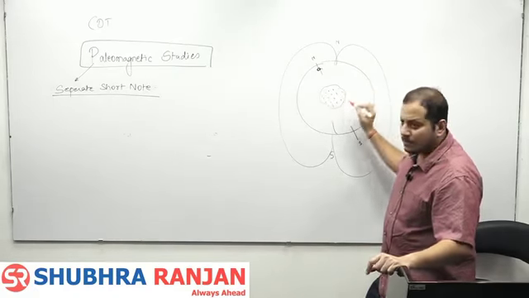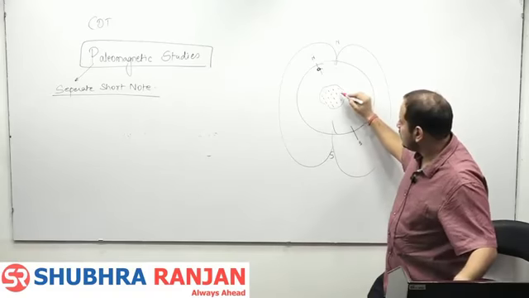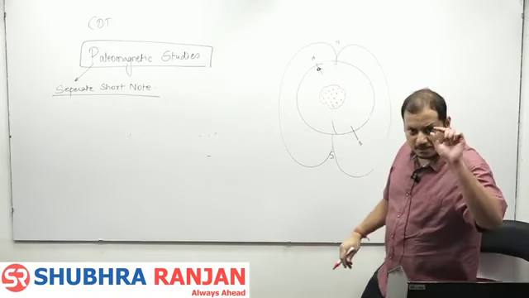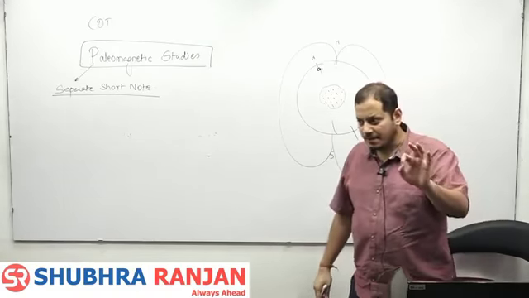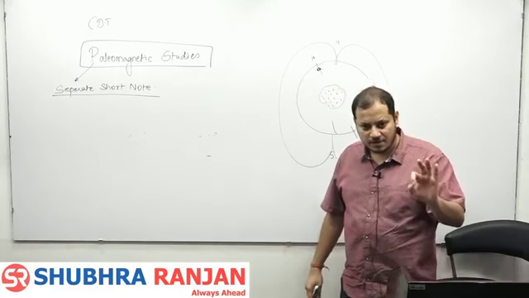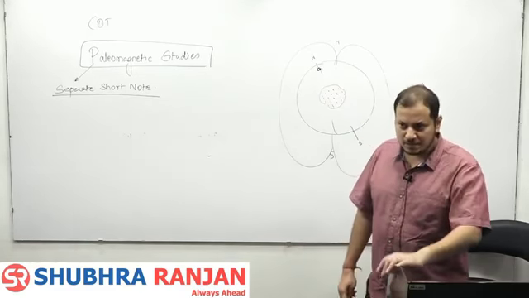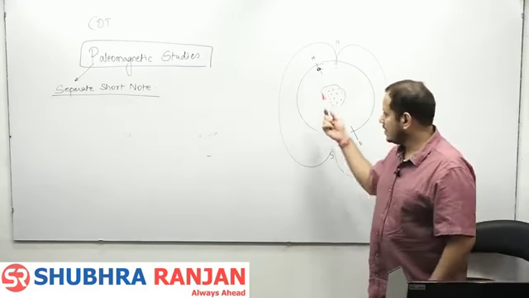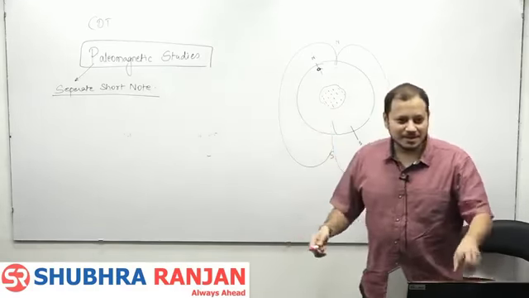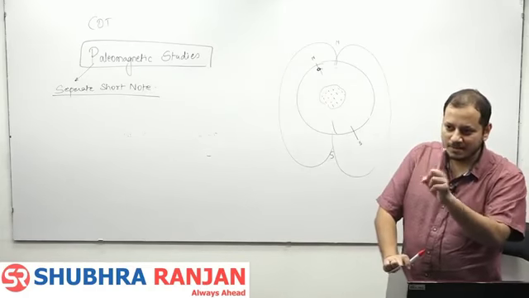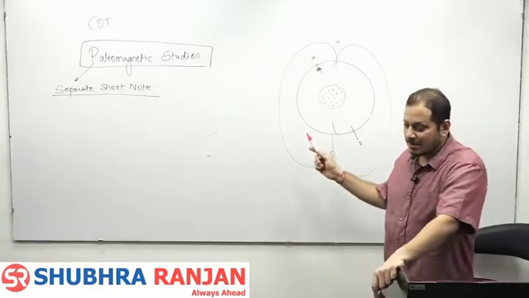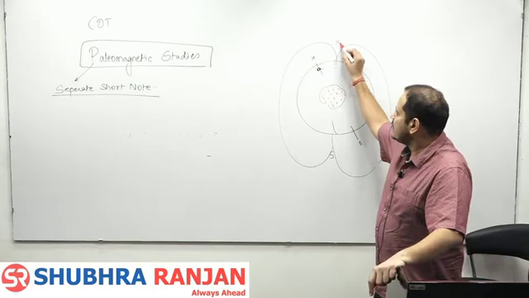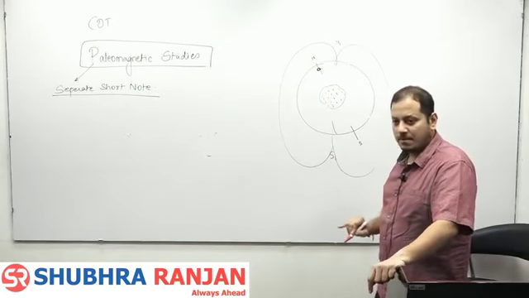Then over a period of time, suppose this has formed 1 lakh years before, by radiocarbon dating we can study the age of the rocks, and when we study the age of the rocks, we study the direction of the metallic minerals. If it is in this direction, that means at that time the magnetic pole was in that particular direction. Now suppose after some years this becomes a magnetic pole.